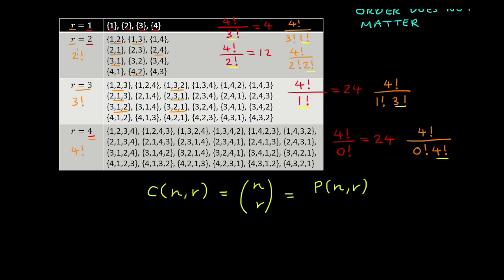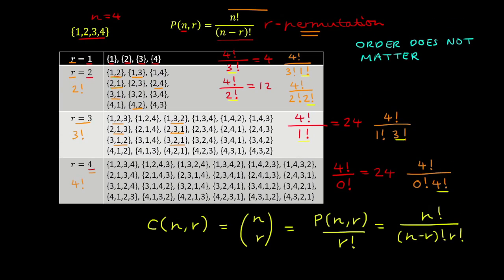So you can see the pattern here. So our general equation for the r combinations can be written as n factorial on n minus r factorial by r factorial, which we got from this expression over here that we derived earlier.